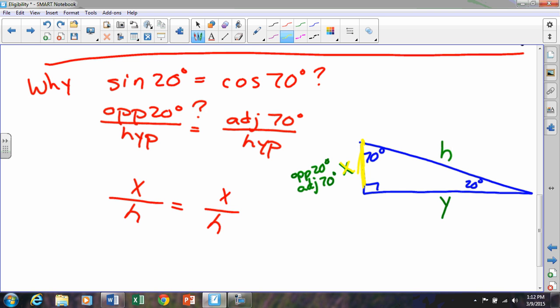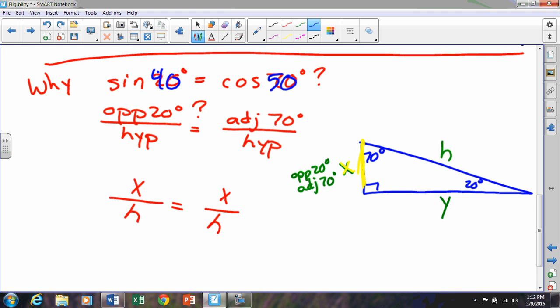Now, are you going to get the exact same thing on another one? No. We don't have to make it 20 and 70 degrees. There's nothing special about 20 and 70. The standard is complementary angles. So if we were to change this to be 40 degrees and 50 degrees, does it really change anything? The ideas are still the same.